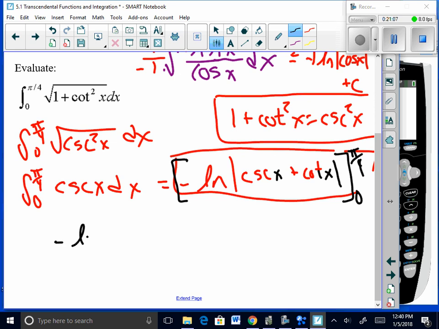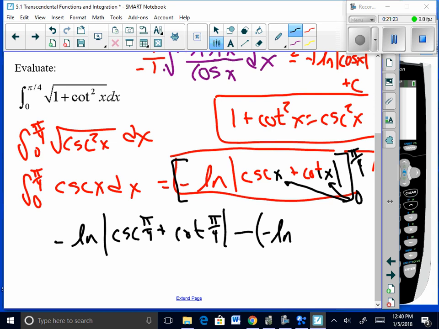So I'll go negative natural log absolute value cosecant pi fourths plus cotangent pi fourths minus, now plugging in 0 into both of those, negative natural log absolute value cosecant 0 plus cotangent 0.